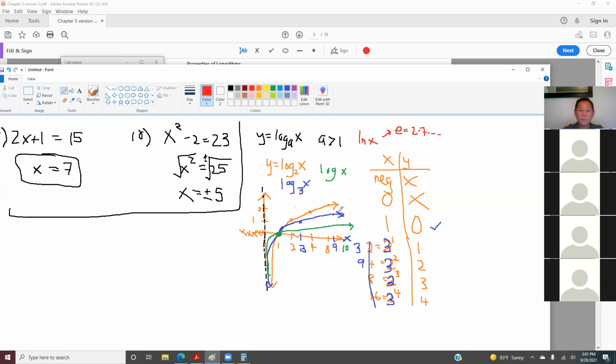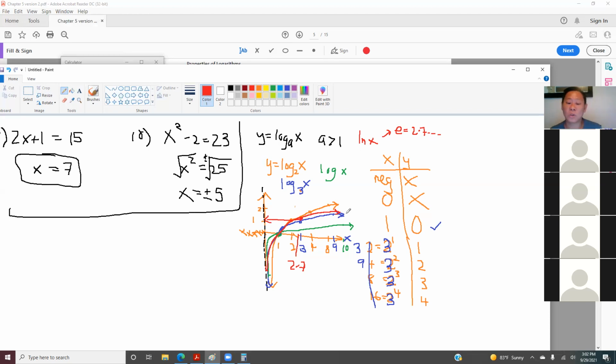It will be this red one, and it's still going to cross at 1, 0, and it will go down here. That means ln x is going to be in between log 2 x and log 3 x, more towards log 3 x, where at 2.7 something you will get exactly 1. Okay, because 2.7 is e to the power of 1. So that's why you get that.